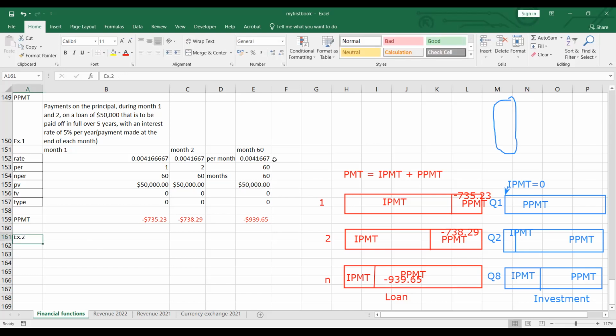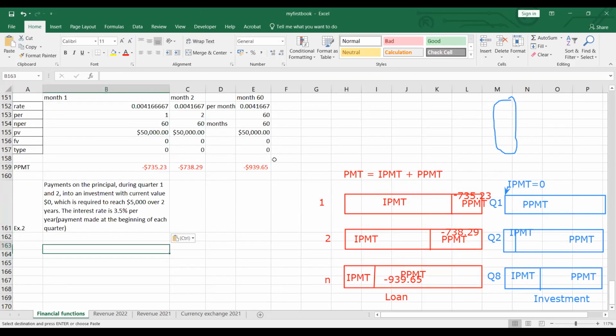If there is no question, I want you to do example number 2 by yourself. In example number 2, we have to find the payment on principal for the investment for quarter 1 and quarter 2.